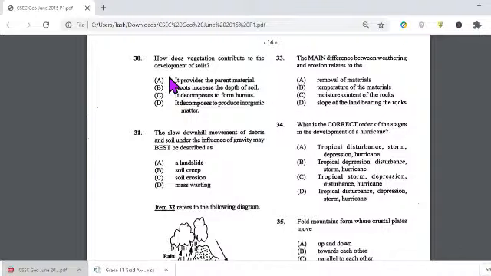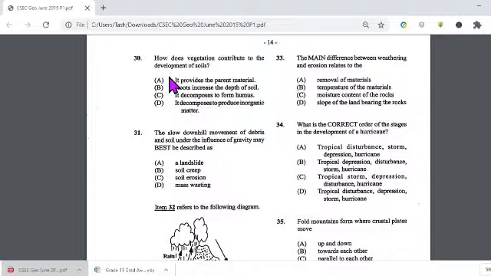All right. So 34, what is the correct order of the stages in the development of a hurricane? A, tropical disturbance, storm, depression, and then the hurricane. B, tropical depression, disturbance, storm, and then the hurricane. C, tropical storm, depression, disturbance, and then the hurricane.